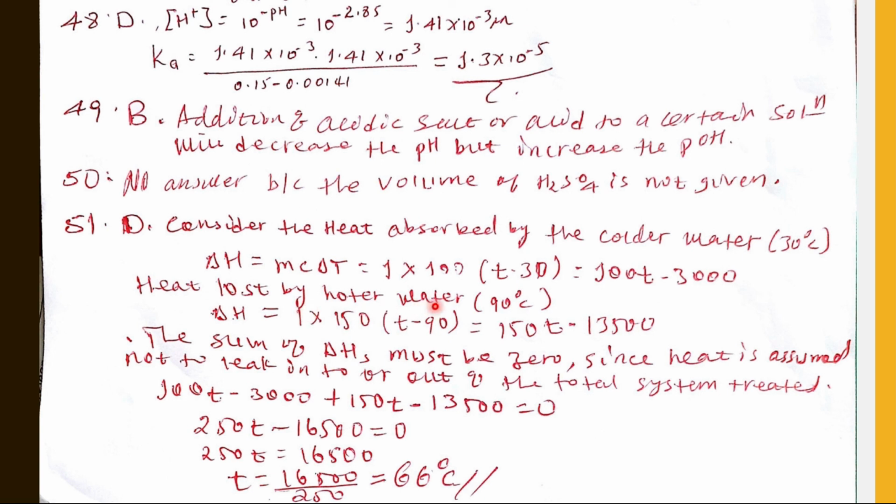And the heat lost by the hotter water, delta H, is equal to 1 times 150 into T minus 90, that is 150 T minus 13,500. The sum of heat lost and heat gained should be what? 0, since heat is assumed not to leak into or out of the total system.